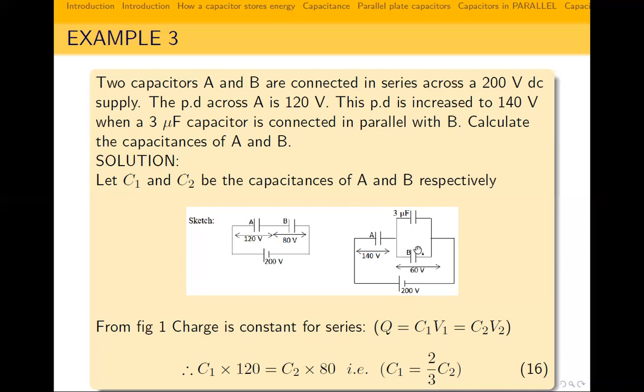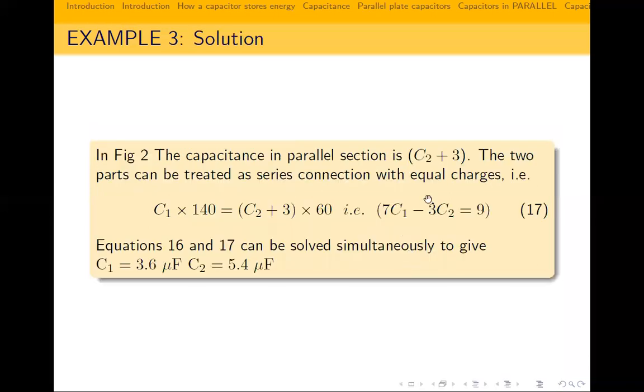And if they're in parallel, the total capacitance here is simply 3 plus C2, where C2 is the capacitance of B. Okay? C2 plus 3. The two parts can be treated as a series connection with equal charges. So this becomes a single capacitor in series with capacitor C1.